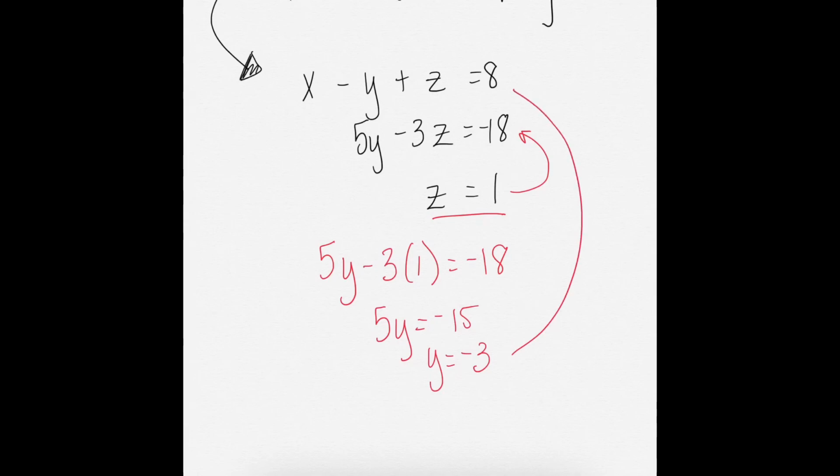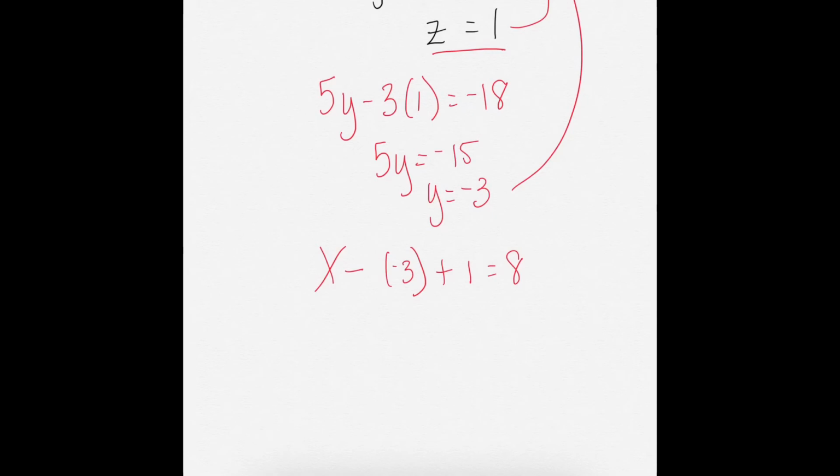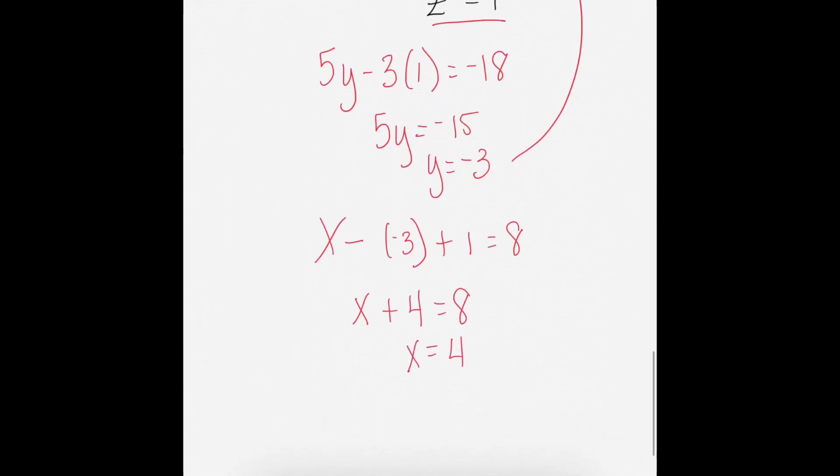And then I have y and z. I can plug them both into the first equation. x minus y is x plus 3, z is 1, so x plus 4 equals 8, and x equals 4. So the solution here gives me 4, negative 3, 1.